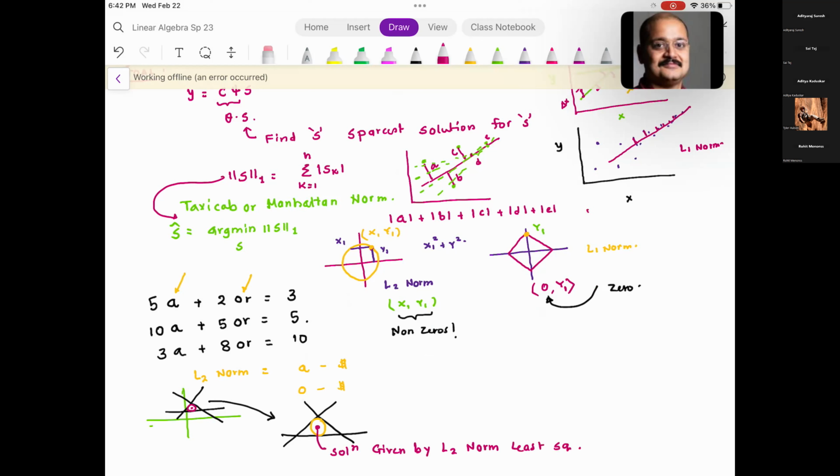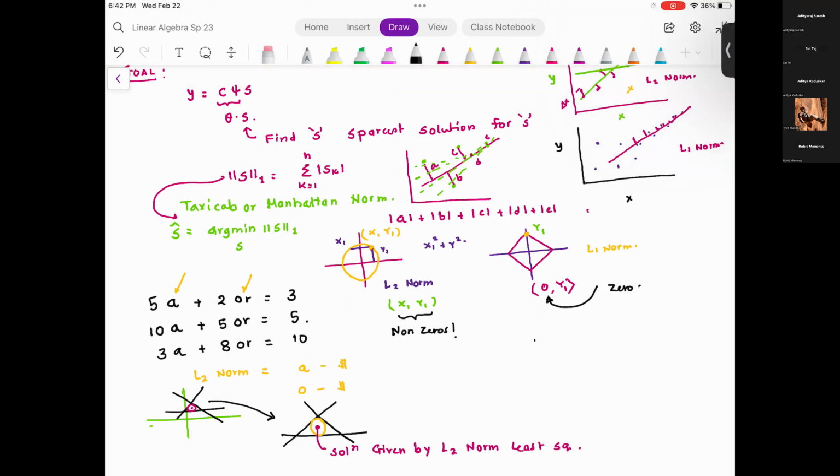Now, what would happen if I were to do an L1 norm? Same thing, I would have three lines, and this is very important: the same three lines. But the L1 norm solution could be this, could be this, could be this, and it depends upon how you fit it.